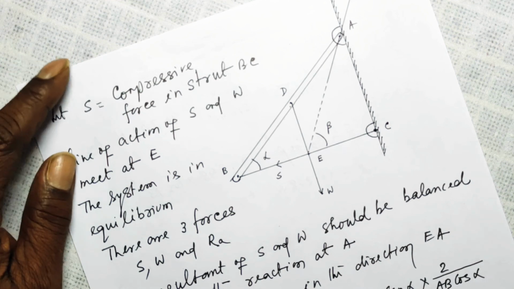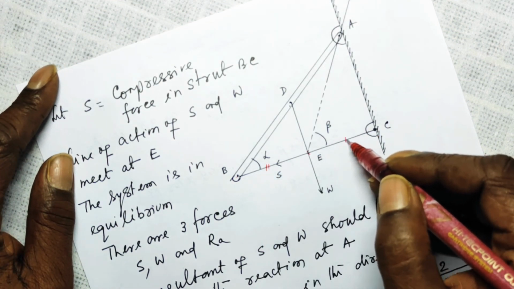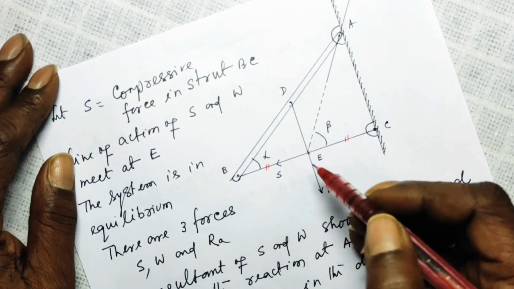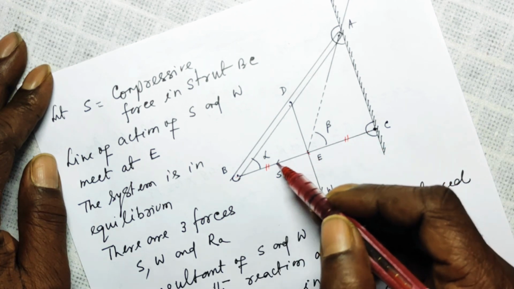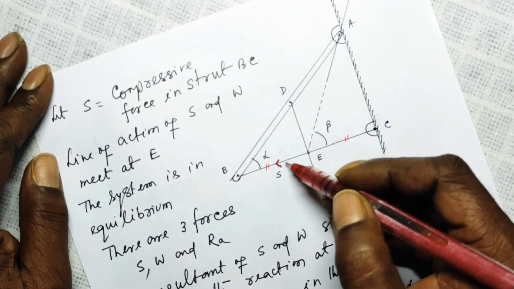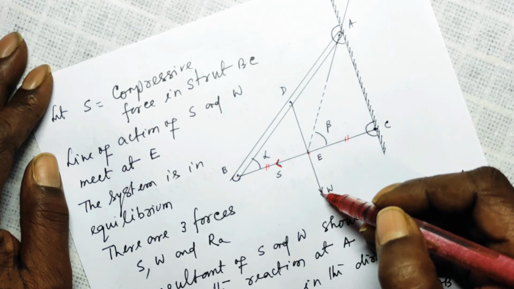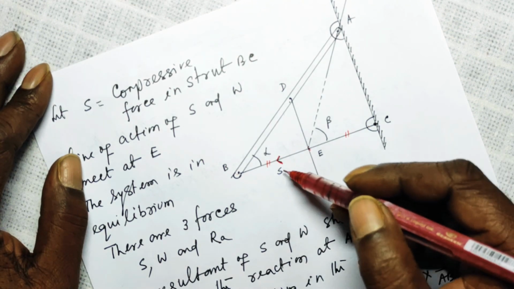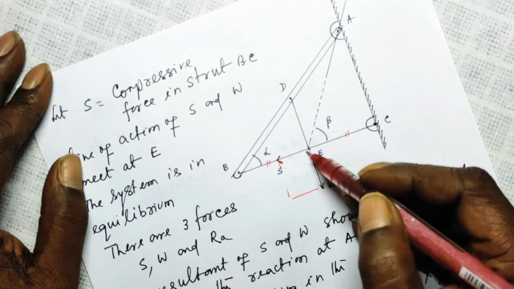We just concluded that B to E is equal to E to C. Now if you look at this point E, the compressive force in the strut BC is pointing away, and the weight is pointing down. This is pointing to the negative x-axis. This is pointing to the negative y-axis. So the resultant of S and W will be to this side.